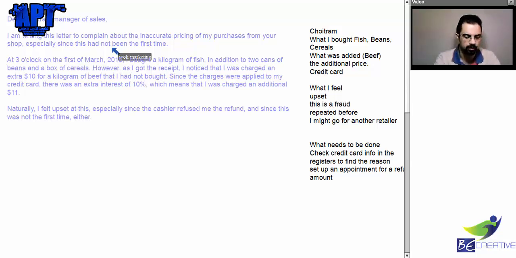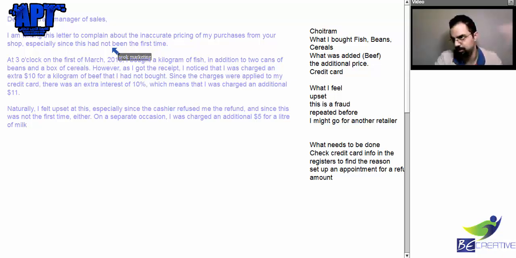Maybe on a separate occasion I was charged an additional maybe $5 for a liter of milk, maybe a month ago.